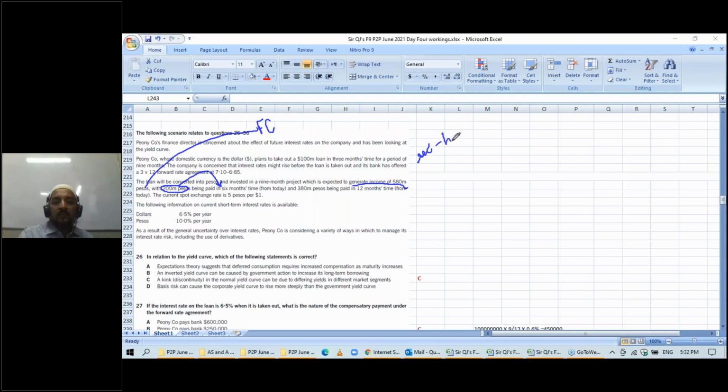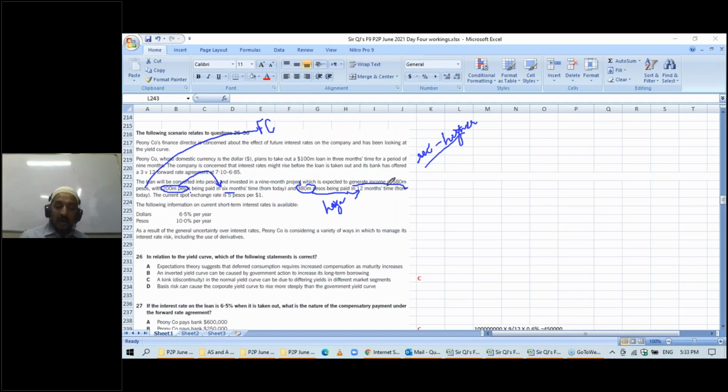As there are receipts, higher rate should be used. PLRH, right? So RH. Now, the second payment out of 580, which is of 380, will be received in 12 months time. So two hedges are to be set. One hedge will be for 12 months and the second hedge is required for 6 months.